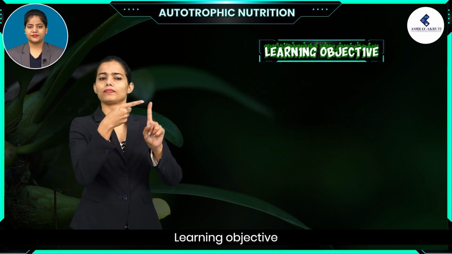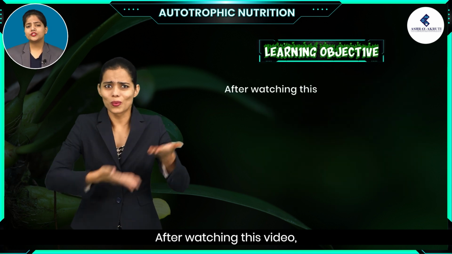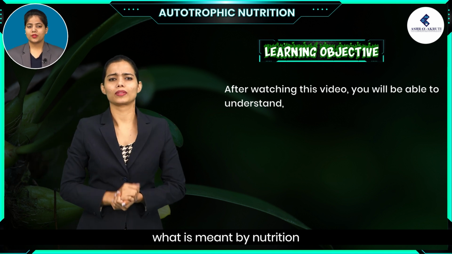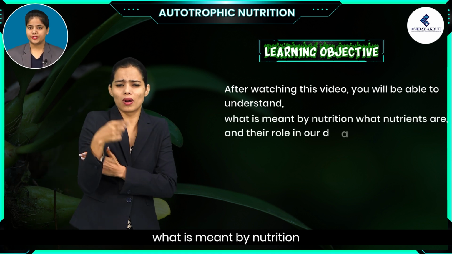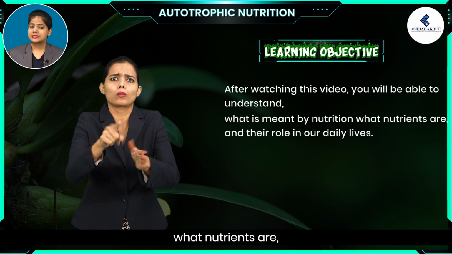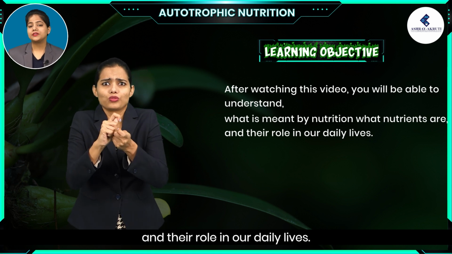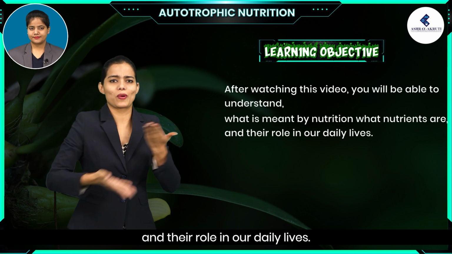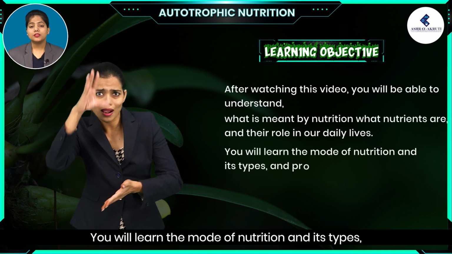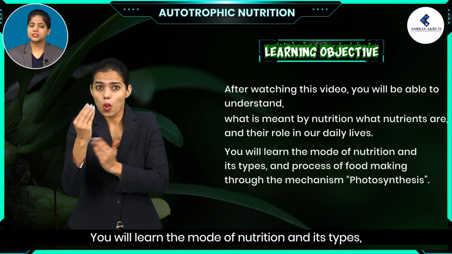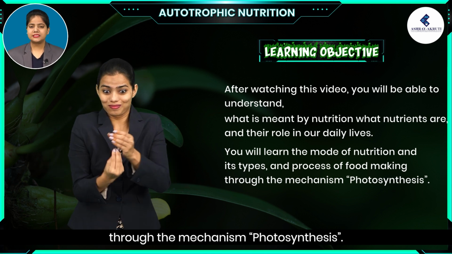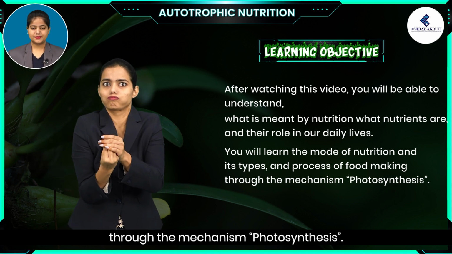Learning objective. After watching this video, you will be able to understand what is meant by nutrition, what nutrients are, and their role in our daily lives. You will learn the mode of nutrition and its types and process of food making through the mechanism photosynthesis.